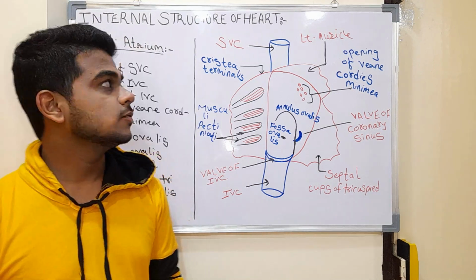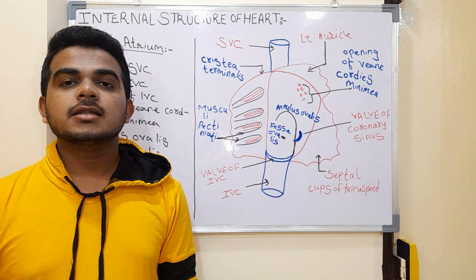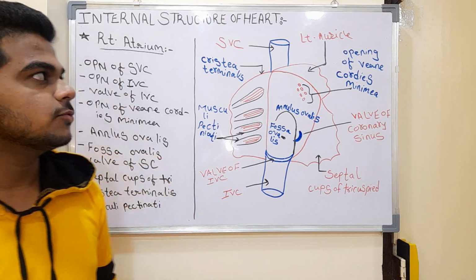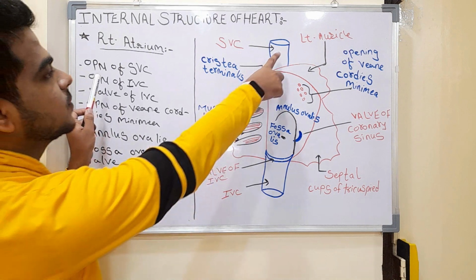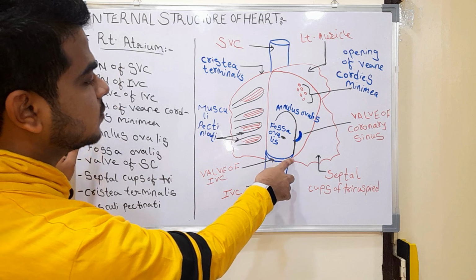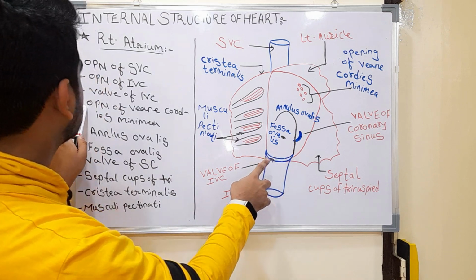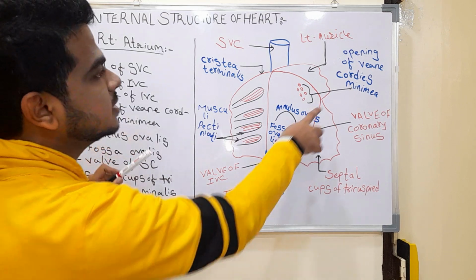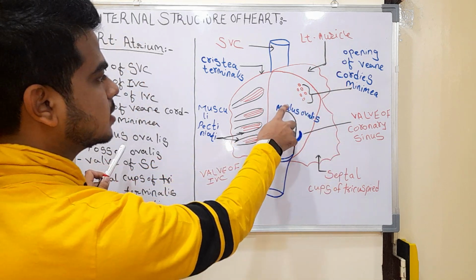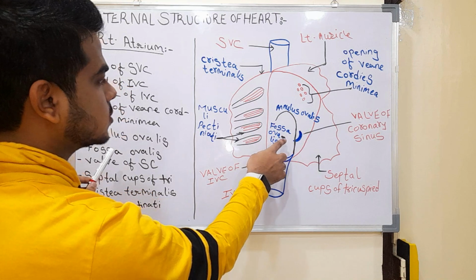Okay, so if it is asked in the examination and if you want to prepare a note, you have to write these structures: opening of superior vena cava, opening of inferior vena cava, valve of inferior vena cava. Okay, this is the opening of venae cordis minimae, these openings. Okay, annulus ovalis, fossa ovalis.